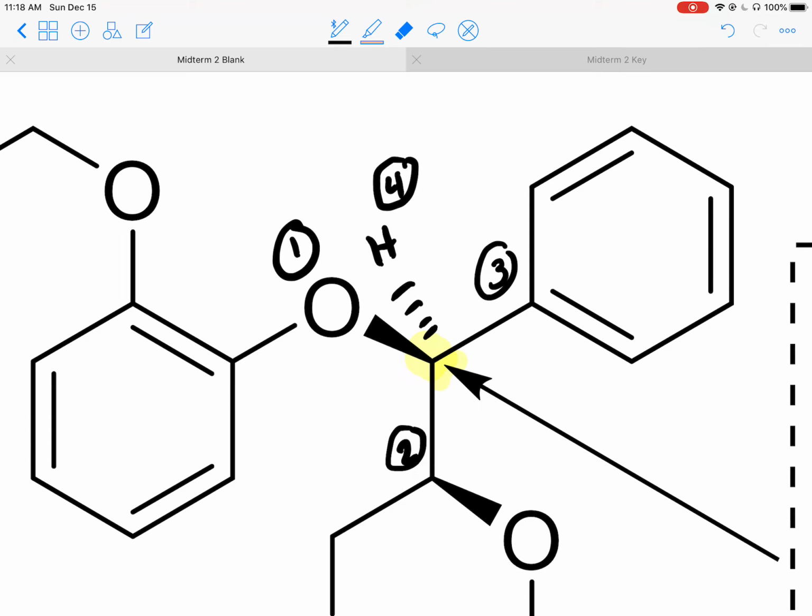This problem is a little bit easier than it could have been because hydrogen, the 4th priority, is already on the dashed line, and it's already in the back. So we don't need to rotate anything, because we want to draw an arrow from 1 to 3 with number 4 in the back. We can already do that. We just draw an arrow going from 1 to 2 to 3.